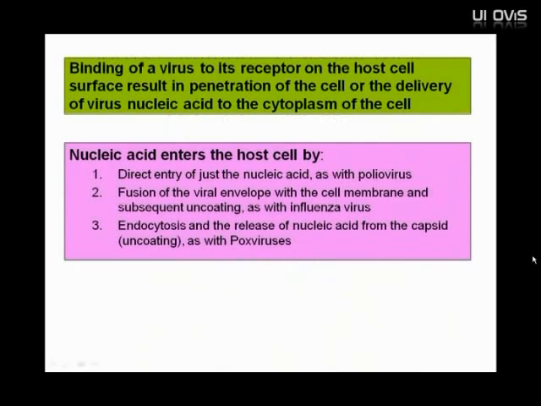Binding of a virus to its receptor on the host cell surface results in penetration of the cell, or the delivery of virus nucleic acid to the cytoplasm of the cells.